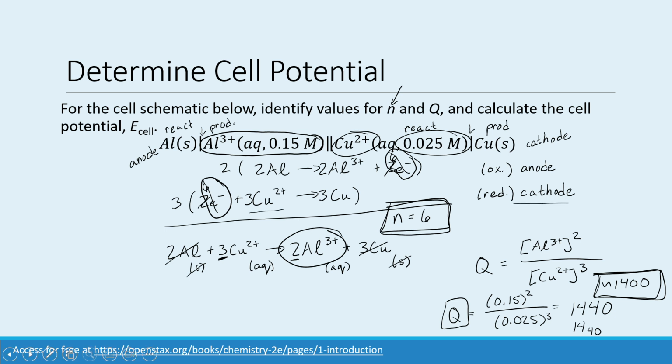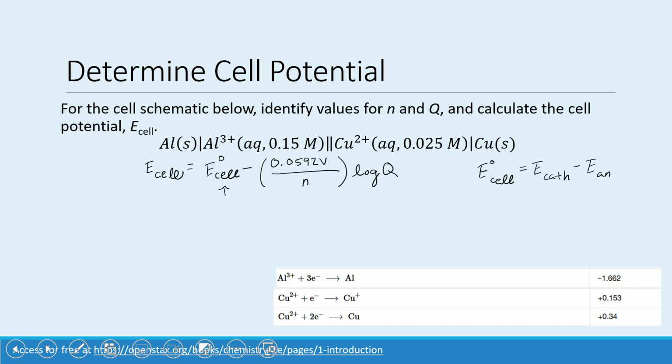We said that the copper ion was where the cathode was occurring, so the copper plate is the cathode, and then your aluminum plate is your anode. So we're going to take the cathode, which is copper, minus the aluminum as your anode.